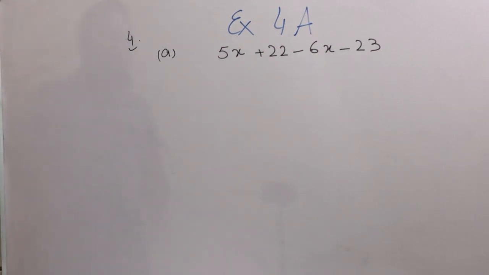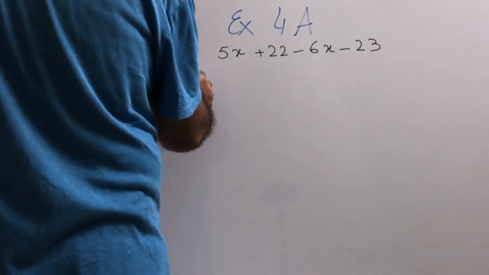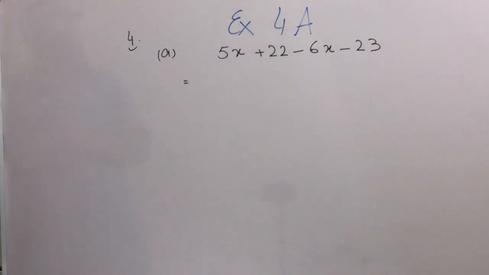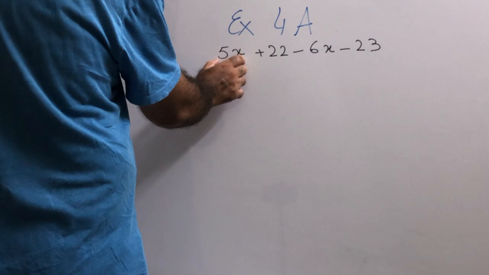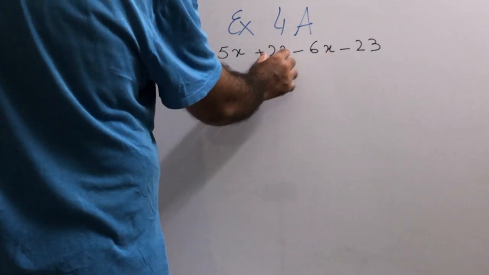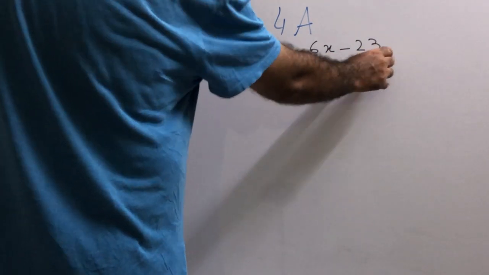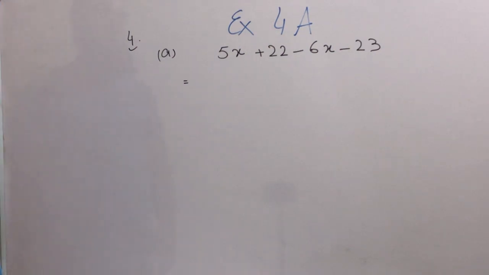How to solve it is that we see there are 2 types of things. One is with x and other one is only numbers. So first step is that bring closer the things involving x and bring closer the numbers without x.